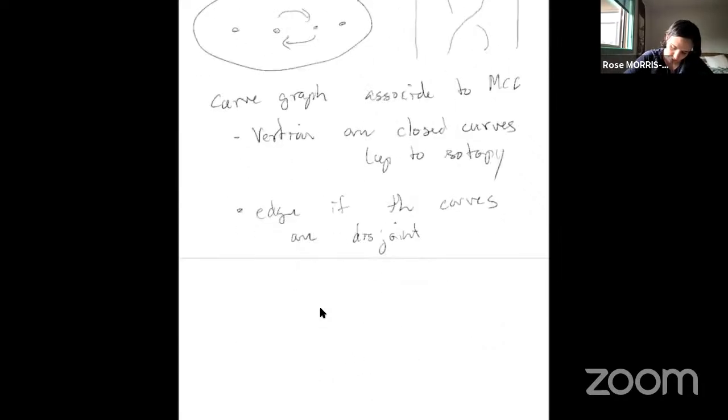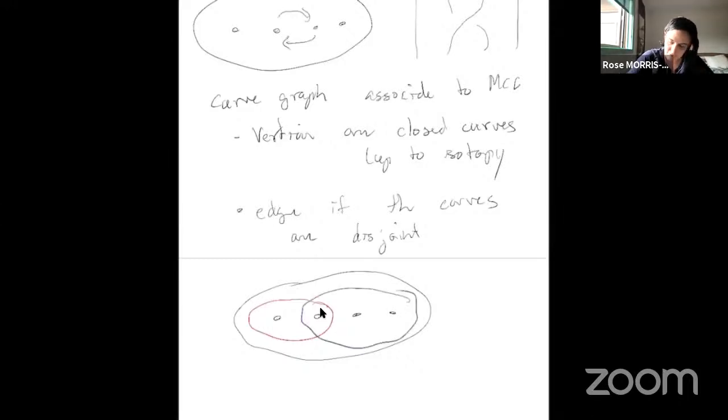So maybe let's just draw a very small subset of this graph. Here's my surface, and there's one of my vertices. I might also get another vertex. Those two aren't disjoint, so they're not going to be adjacent.